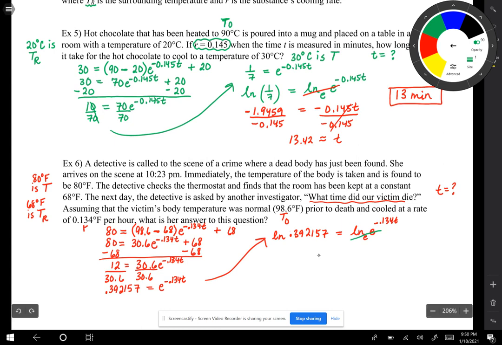So this side is negative 0.9360, and this side is negative 0.134t. Divide both sides by negative 0.134. t equals 6.9857. So we're just going to round that to 7 hours.